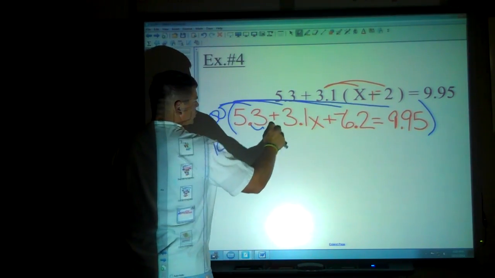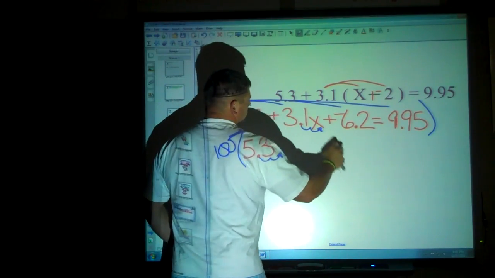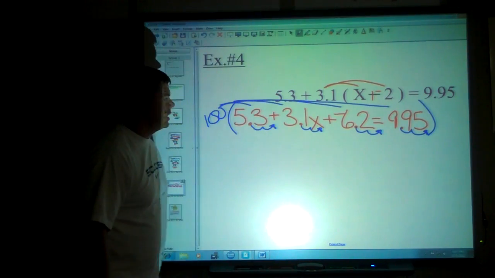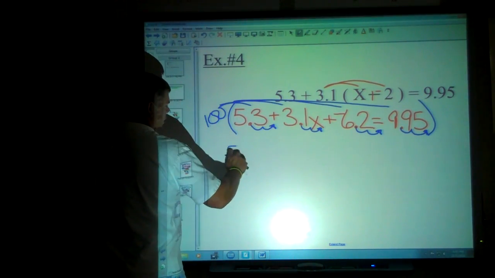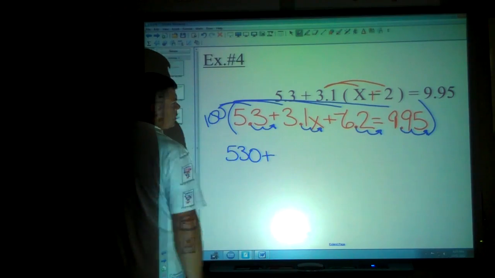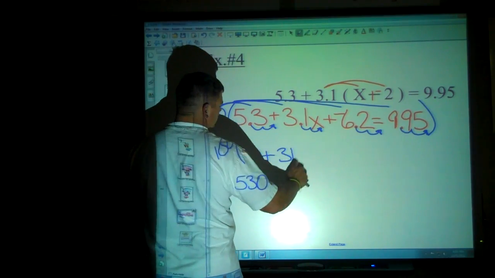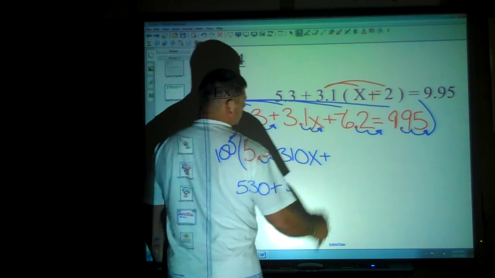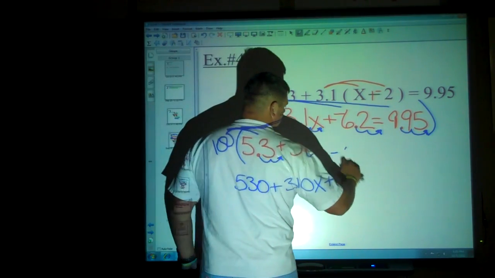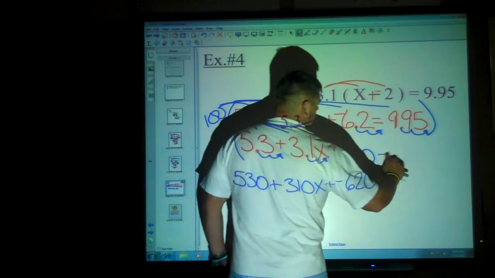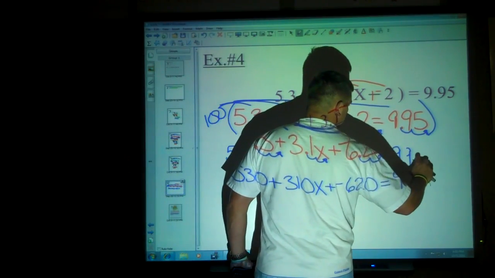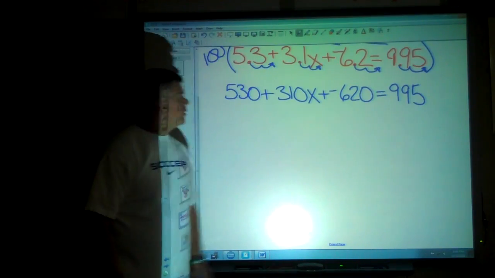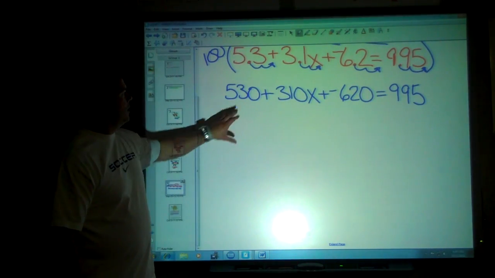They're all going to move over 2 places, even though some don't need 2 places, because that's what I need to get them all to be whole numbers. 530 plus 310x plus negative 620 equals 995. So again, larger numbers, but no decimals.